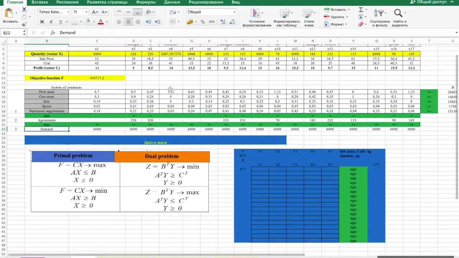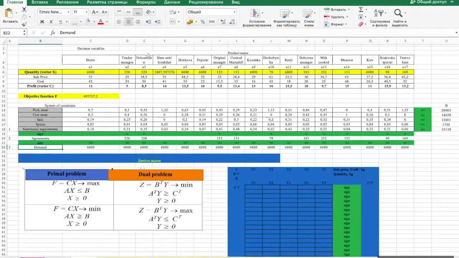So we have the primal problem. This is the type of problem which we defined and for which we found the optimal solution. It is our primal problem. Is this primal problem a maximum or minimum problem? It is our maximum problem.